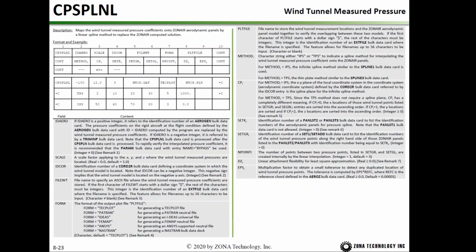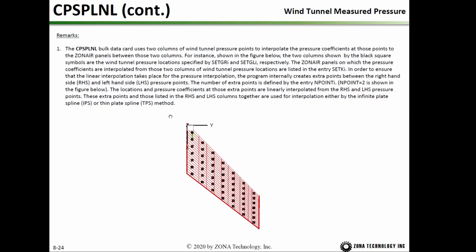CP spline L is also to interpolate the wind tunnel measured CP onto the ZONAIR panel model, but by a linear spline method. The difference between CP spline and CP spline L is that CP spline will use the infinite plate spline or thin plate spline to spline the CP not only along the chordwise direction but also along the spanwise direction.